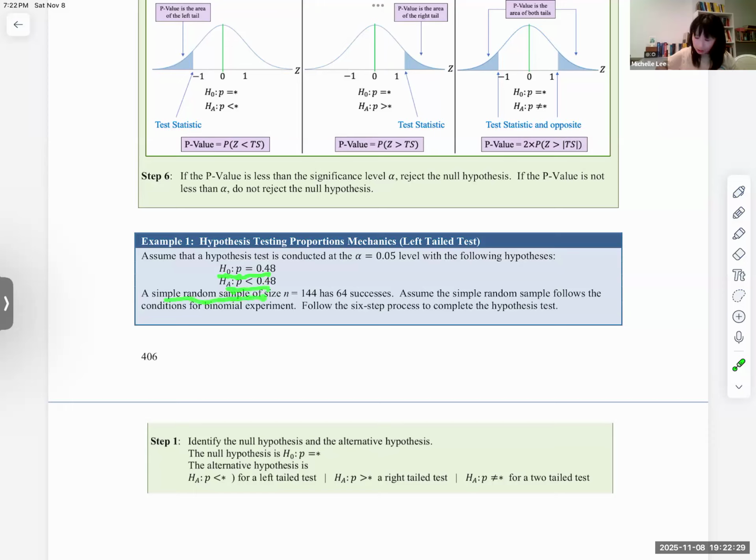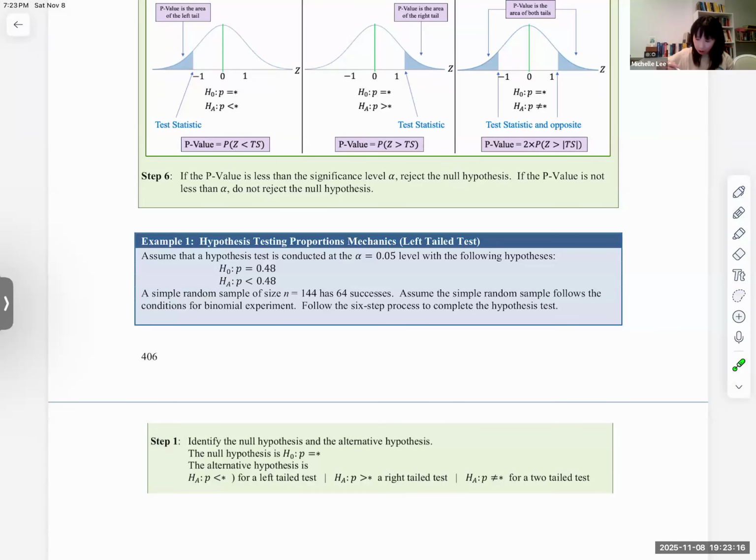A simple random sample of size n equal to 144 has 64 successes. Assume the simple random sample follows the conditions for a binomial experiment. Follow the 6-step process to complete the hypothesis test. Ready?